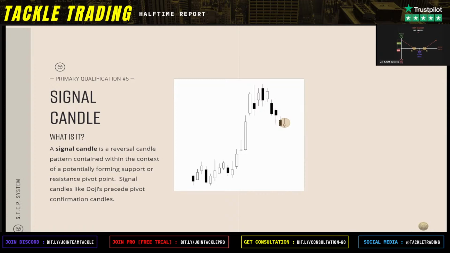Let's talk signal candles. The signal candle is the slowing momentum typically within a retracement analysis. It's the candle that you constantly hear us talk about at Tackle when we see a retracement coming down, down, down, down, down, and we say the phrase, and you guys know what it is, right?